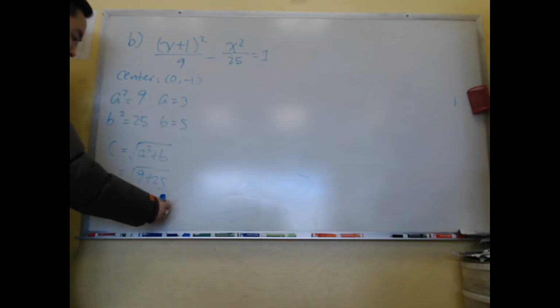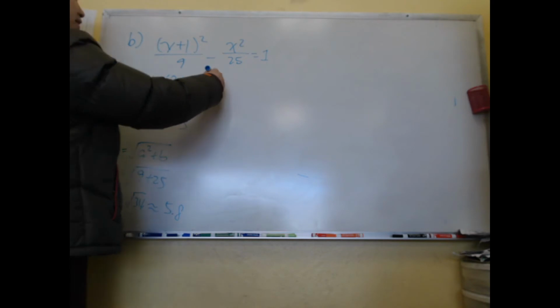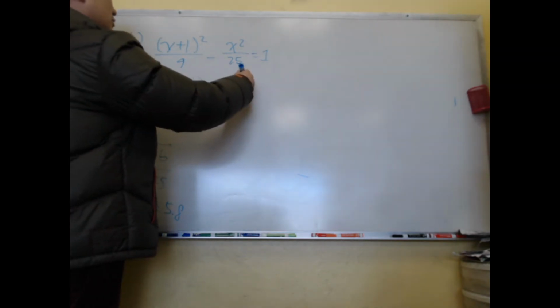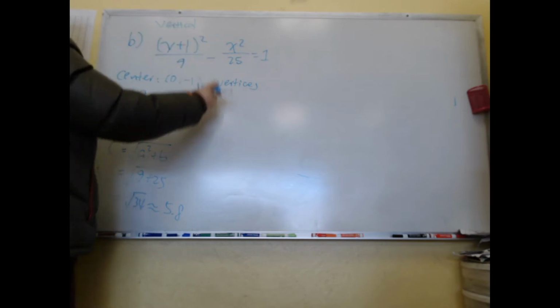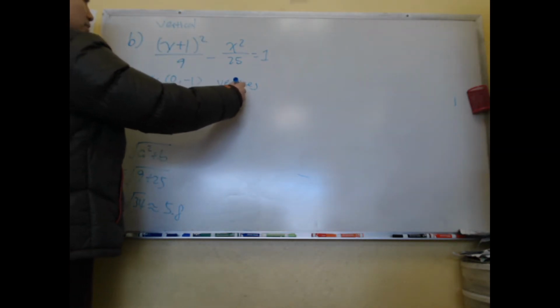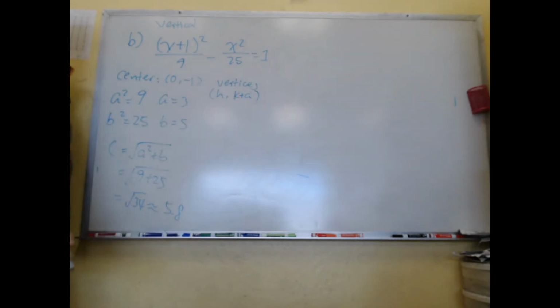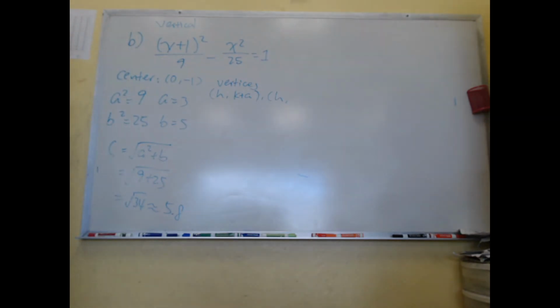5.8. All right. So now we found the center, so let's find the vertices. Now we do know that it's a vertical hyperbola. So for the vertices, that would be h, comma, k plus a, right? And then h, comma, k minus a. Wait, hold on a second.